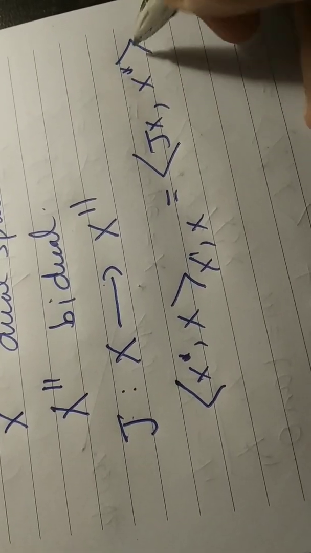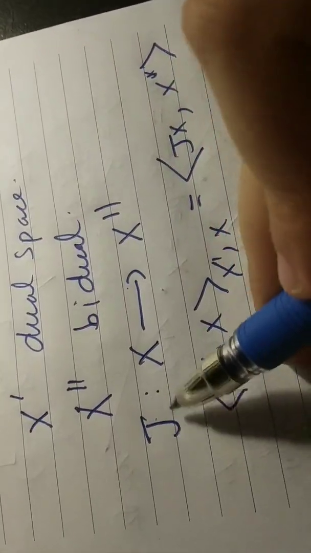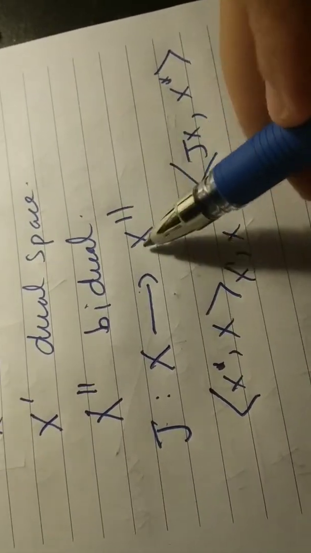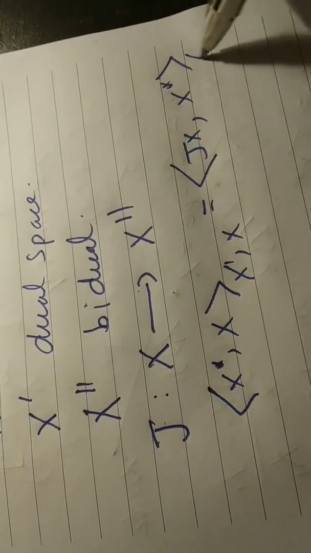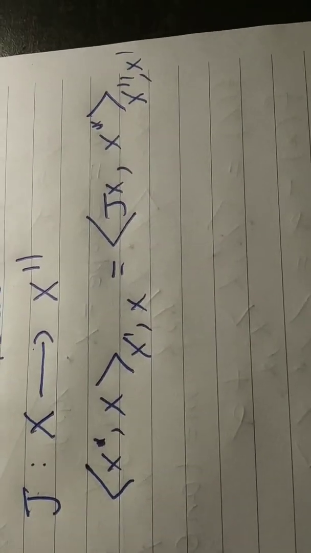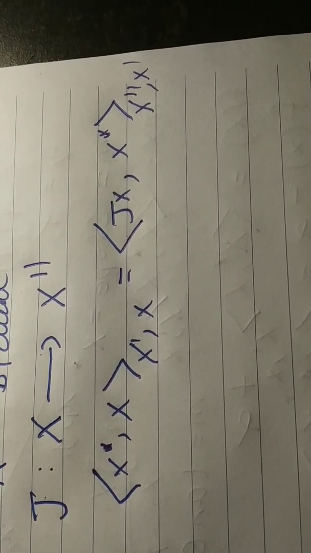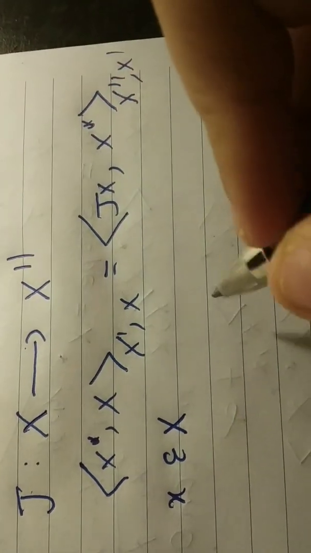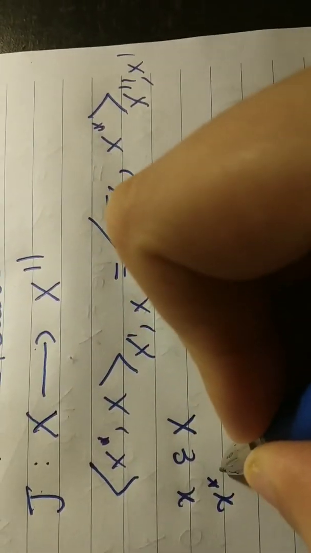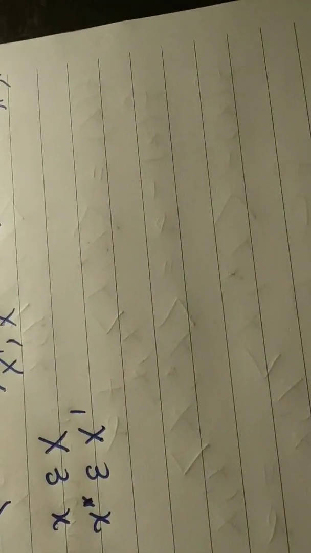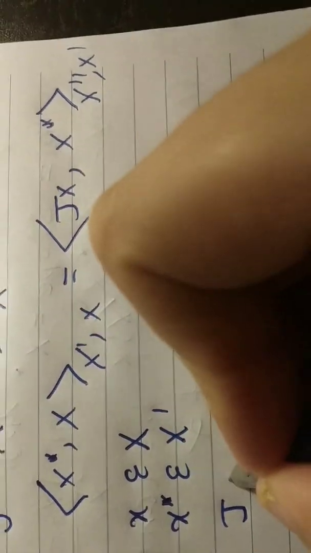Then this J is the isometric embedding from the Banach space X to its bidual, defined as follows: for every x belonging to X and every x prime belonging to the dual, J is trivially linear.